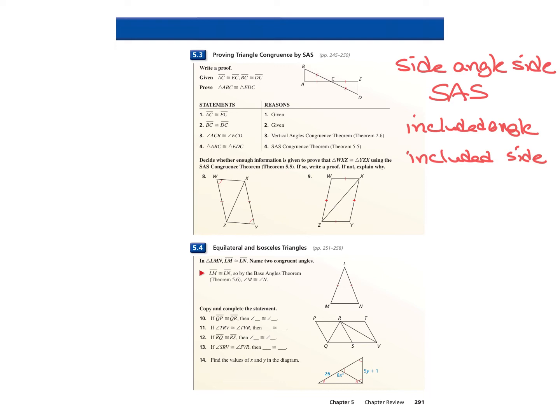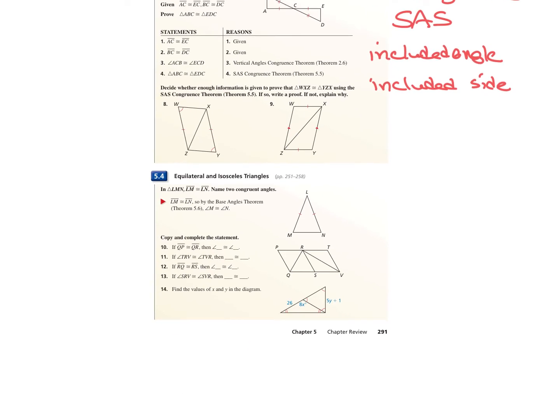And then when we got to angle-side-angle, that's when we use the included side. So be able to look at pictures like numbers 8 and 9 and tell me which shortcut you would use to prove the 2 triangles are congruent. Then in 5.4, you should know the parts of the isosceles triangle.